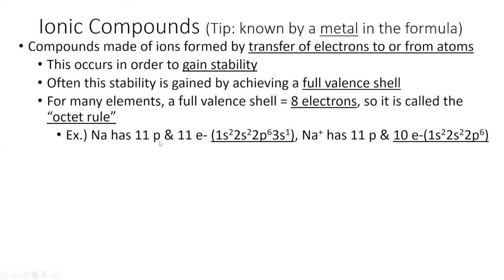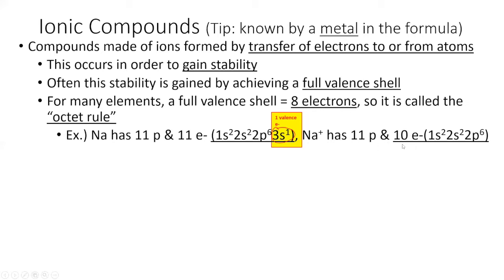So here's an example. We'll go back to the sodium. So we said that sodium atom has 11 protons and 11 electrons. And so if you write out the electron configuration, then you'll see that its valence shell is the third shell here, right? So those are the valence electrons. And notice that there's just one valence electron. Well, if it gets rid of that valence electron, then it will have a full outer shell, because this is the electron configuration for sodium +1 ion written right over here.